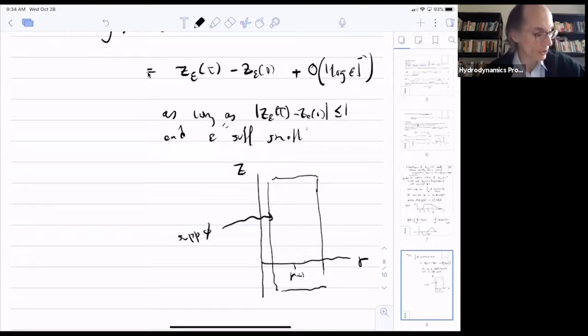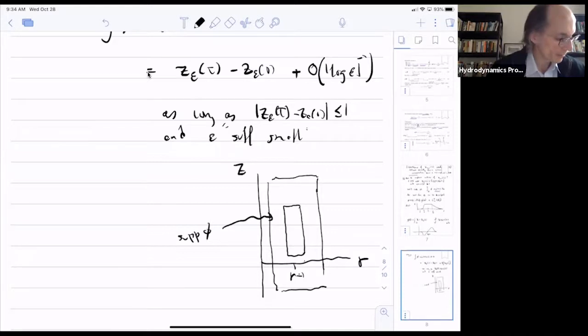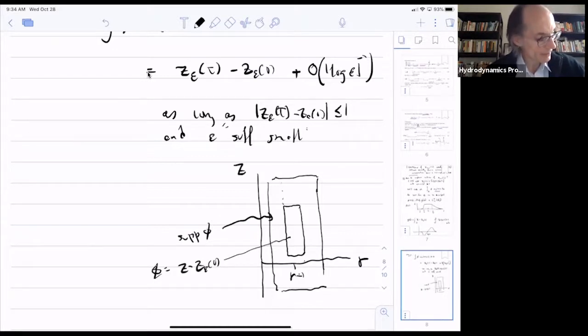And then we have the smaller region where phi is z minus z epsilon of 0. And this is centered around r equals 1.